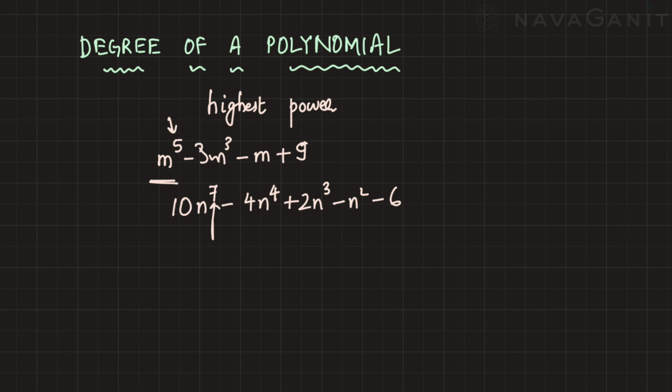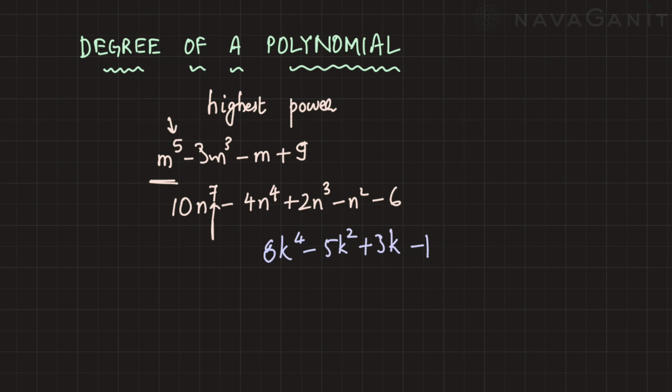Let's take up another example. Say we have 8k to the power of 4 minus 5k squared plus 3k minus 1.